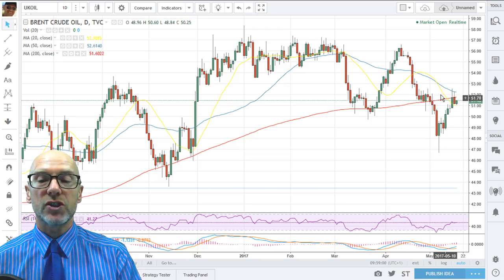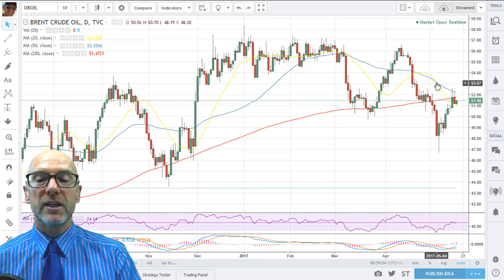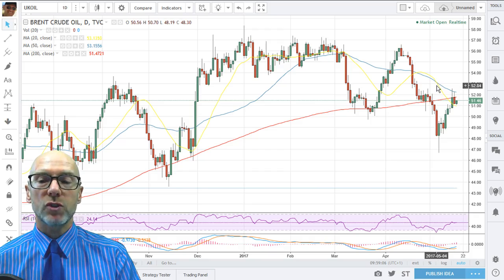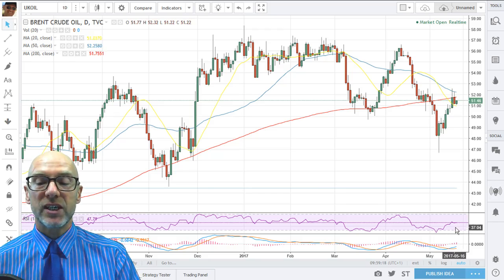You can also see that on the 4th of May, the 20-day moving average crossed below the 50-day in a bearish cross formation, and that really signifies that the short-term trend is to the downside. On the RSI, yes, it's in an uptrend, but it's not back above 50, so I need to keep an eye on that.